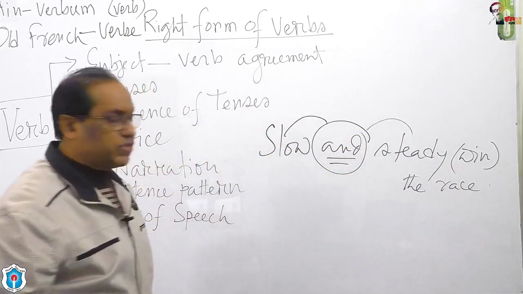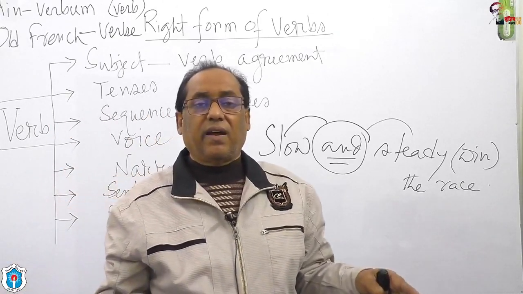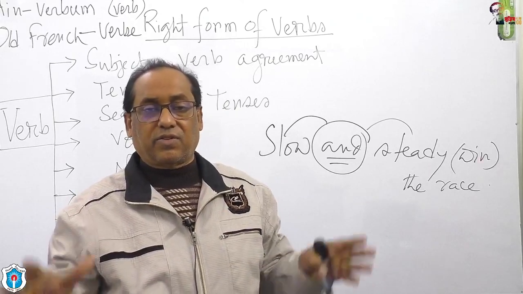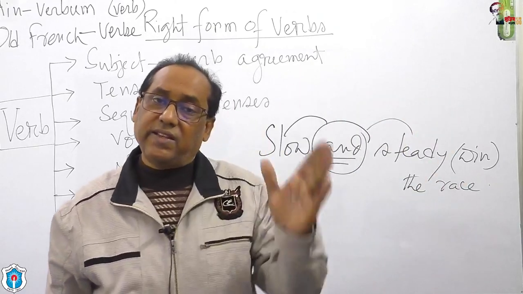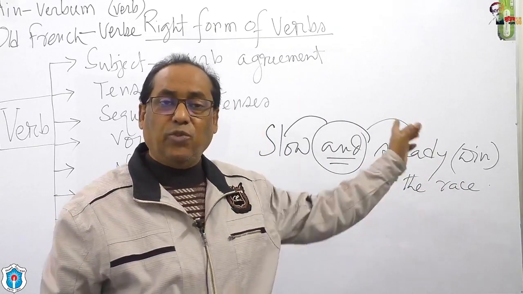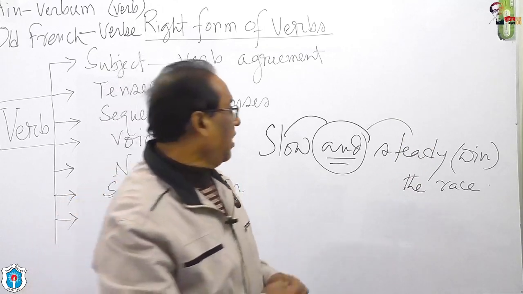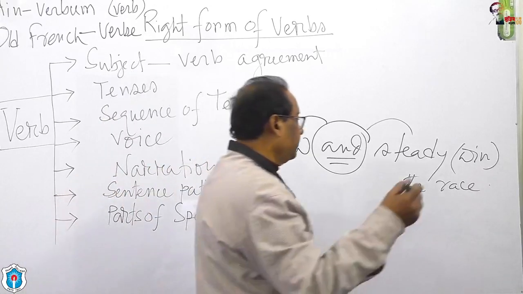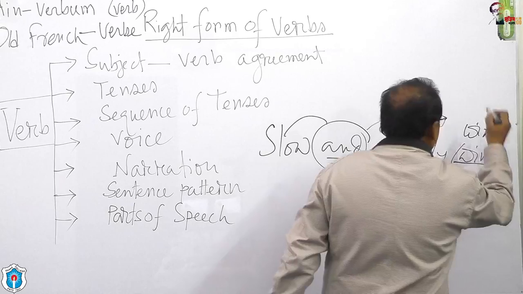Slow and steady are not two different things. Slow and steady, these two qualities mean one thing. So the subject is third person singular. So the verb is wins. Okay?